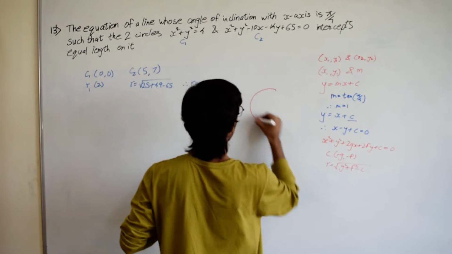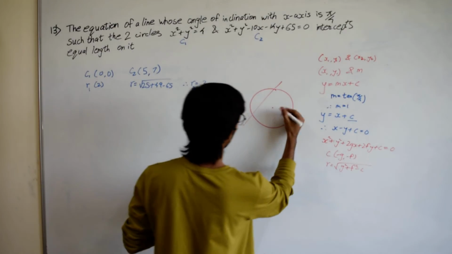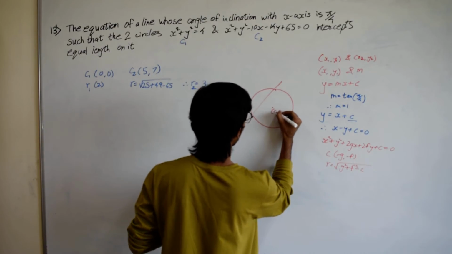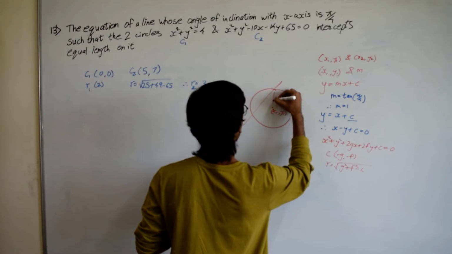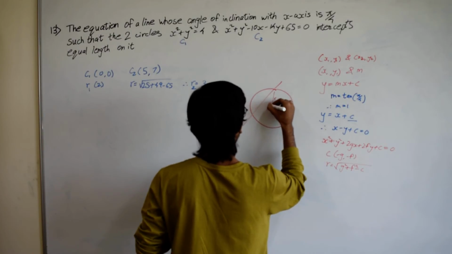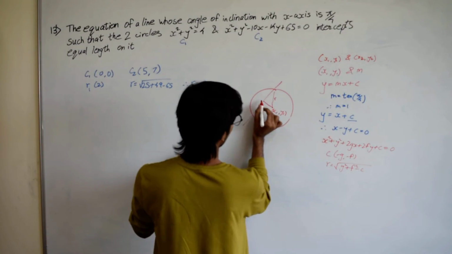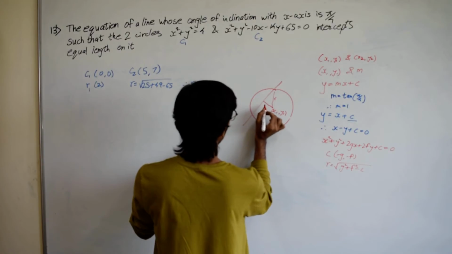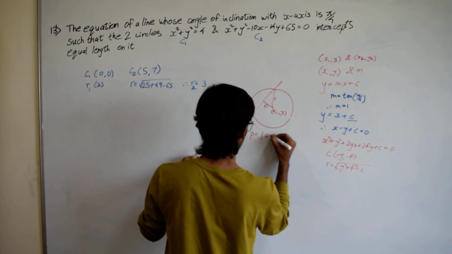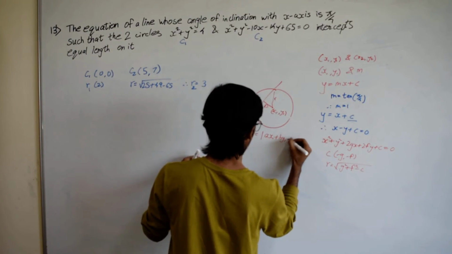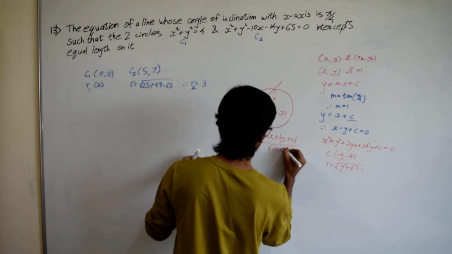For a line intercepting a circle, for an arbitrary circle where the center is x1 y1 with a radius of r, the distance of the center of the circle from the chord would be p, where p is mod of ax1 plus by1 plus c upon root a square plus b square.